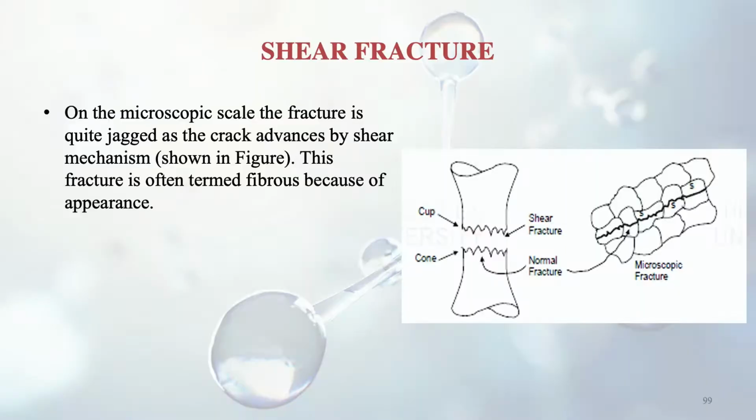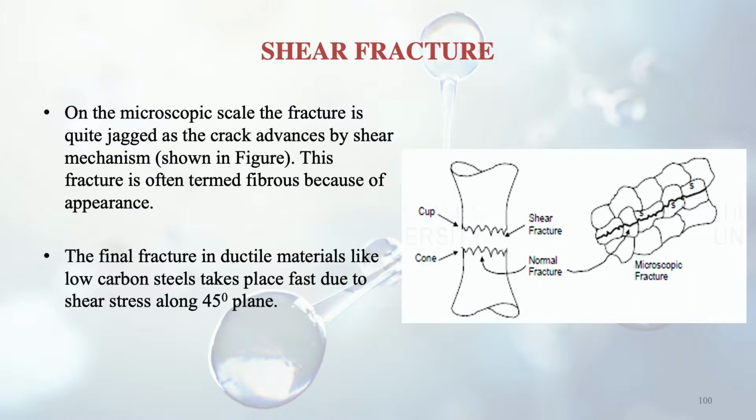So if this is the tensile stress direction, then these voids will coalesce like this. On the microscopic scale, the fracture is quite jagged as the crack advances by shear mechanism. So it is not uniform, and this fracture is often termed fibrous because of its fibrous appearance, and is shown here in the figure also.